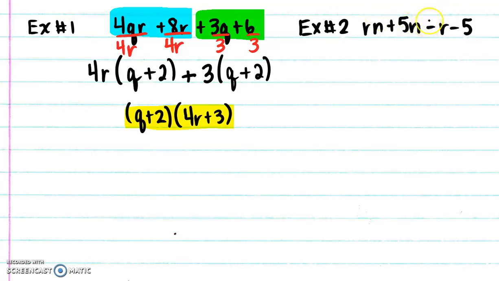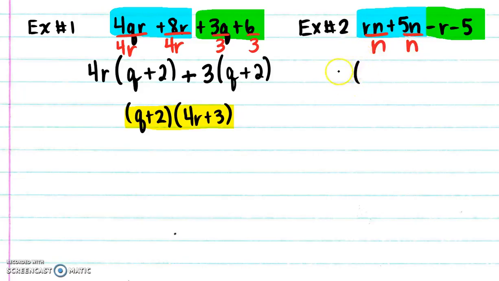But as you can see, we can't take a greatest common factor out of the whole thing. So let's look at this in pairs because I have 4 terms. So the rn and the 5n, they both have an n in common. So I can divide out an n. That's all I can divide out. If I take an n out, rn divided by n leaves me r. 5n divided by n leaves me 5.